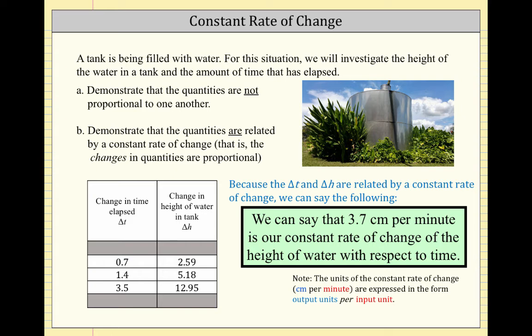Looking back at our original units, the height of the water in the tank was measured in centimeters, so the output quantity was measured in centimeters. The input quantity, which was the time elapsed, was measured in minutes. So that is why we have the units of the constant rate of change as centimeters per minute.